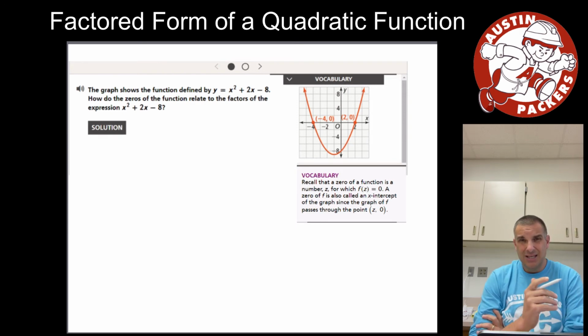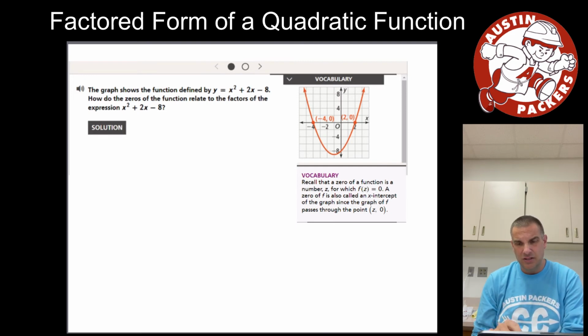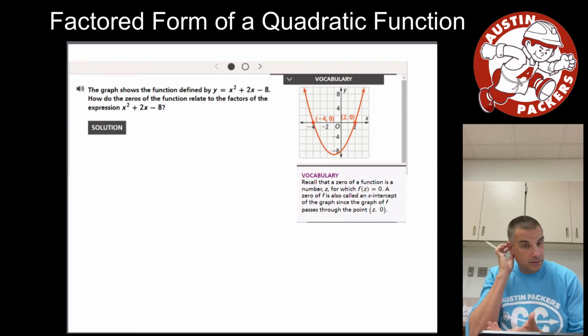So if you notice, they've listed the zeros. We've talked about zeros. Remember that a zero of a function is a number z for which f of z equals 0. A zero of f is also called an x-intercept, which we talked about at the beginning of the lesson. So we see the zeros of this are negative 4 and 2. Those are our zeros for this.